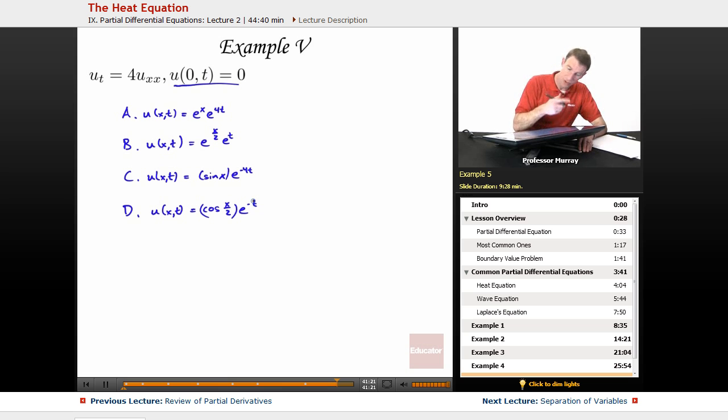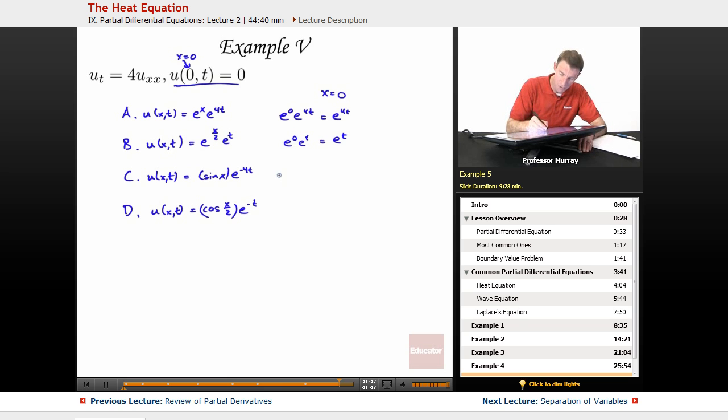Now for each one of those, we're going to plug in x equals 0. So let's try plugging in x equals 0 for each one of those. Here we get e to the 0 times e to the 4t, which is just, e to the 0 is 1, so it's e to the 4t. Here again we get e to the 0 times e to the t, which is just e to the t.